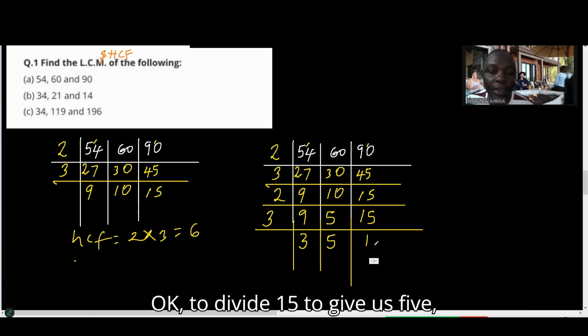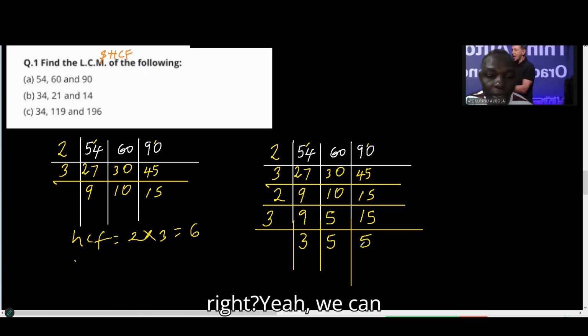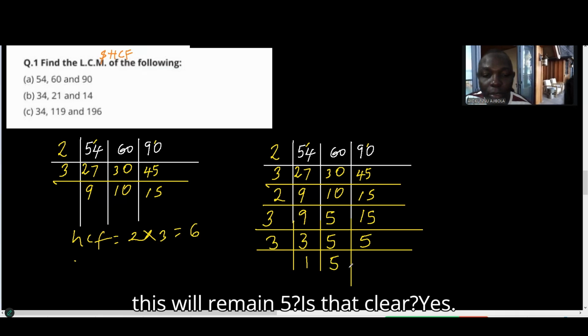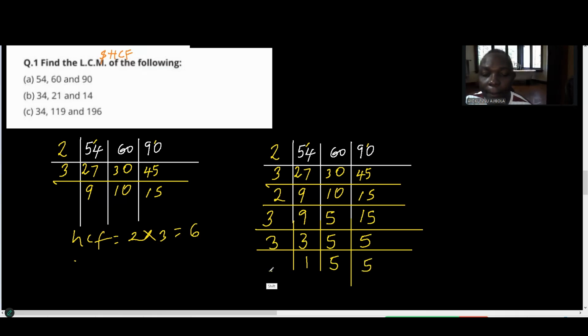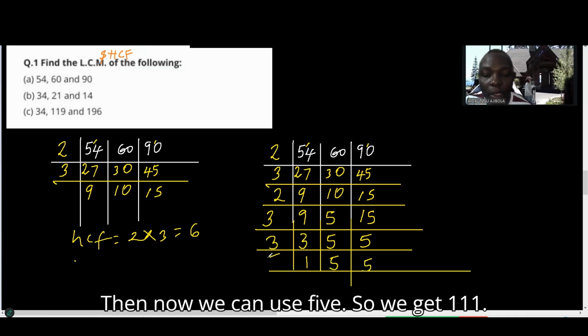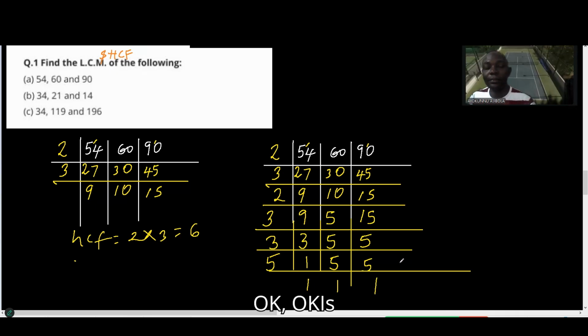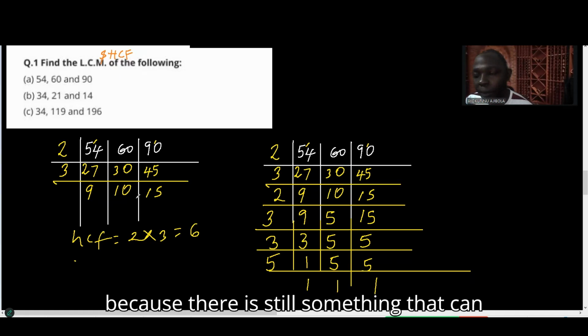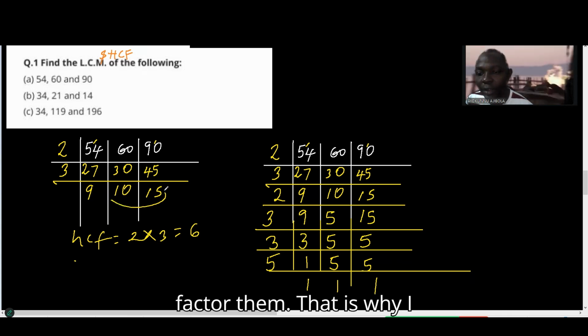It will divide 15 to give us 5, right? Yes. We can still use 3 for only 3. This will remain 5. Is that clear? Then now we can use 5. So we get 1, 1, 1. Is that clear now? Before I would just pack them and multiply, but because there is still something that can factor them, that is why I have to.